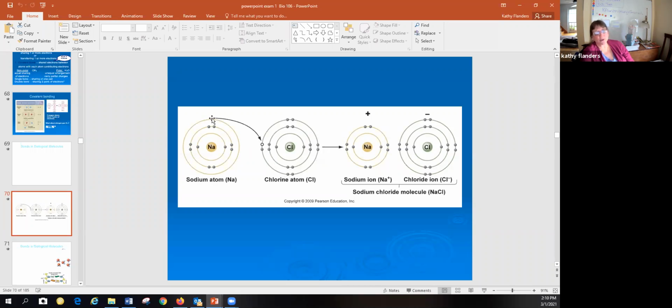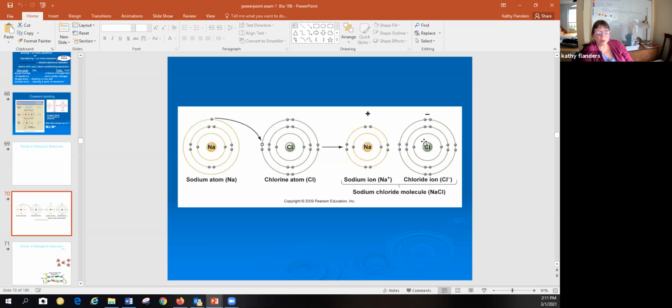They're not even going to bother to share. They don't want to share. This sodium would rather get rid of it because it doesn't want all the other electrons. It just wants to dump this 1. So the first step in an ionic bond is to give away an electron to something else. That means whatever's giving it away is positive, whatever's taking it in is negative.